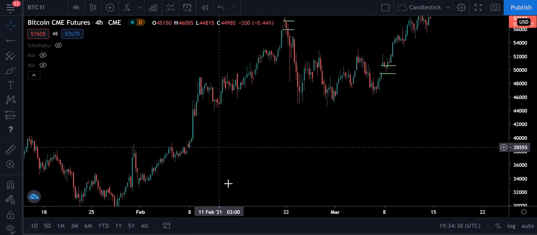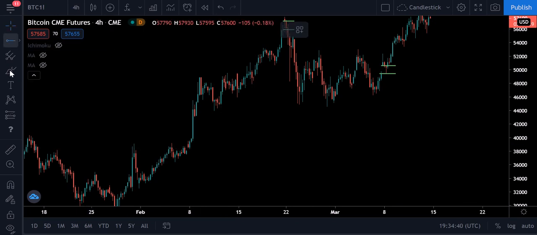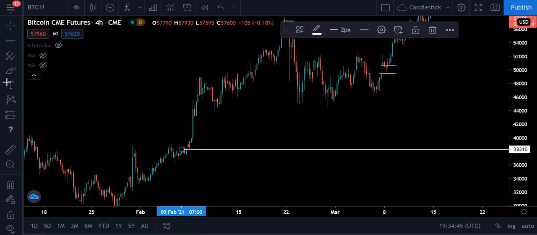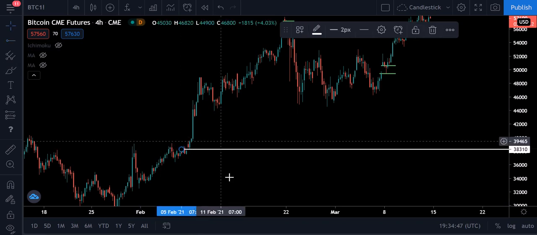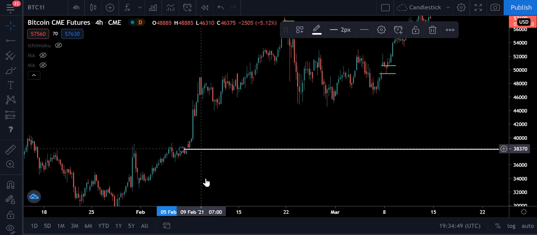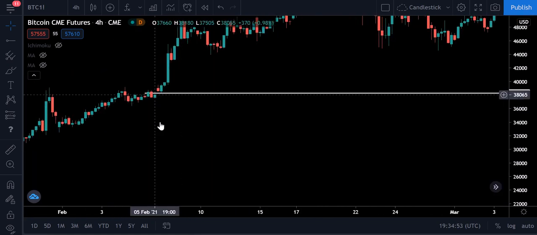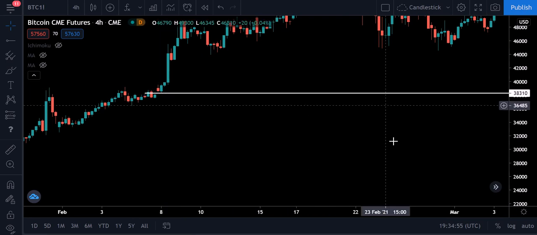This gap right here. So, I mean, this gap's been on the chart for weeks, months maybe. From here, that's about the width of the gap. It's only a few $100s. I can zoom in a little bit more, and then we can actually draw another line. But you guys can see that gap right there has not been filled, which means, hell, we may visit 38,300 again to fill that gap.